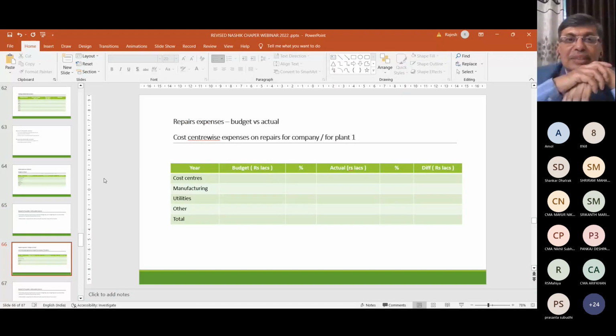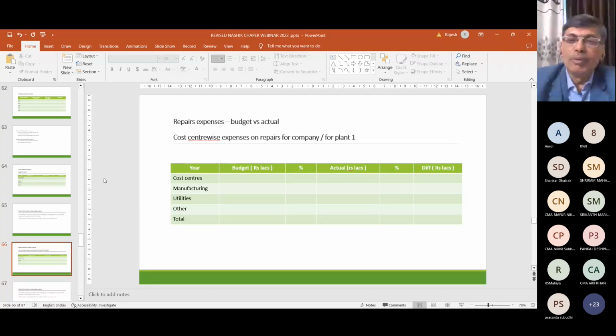Same way it is with respect to repairs expenses, the cost center wise repairs expenses. Here again, it will show the budget for the cost centers: manufacturing, utilities, and others. Usually the manufacturing and utilities form part of 80 to 90% of the expenses.